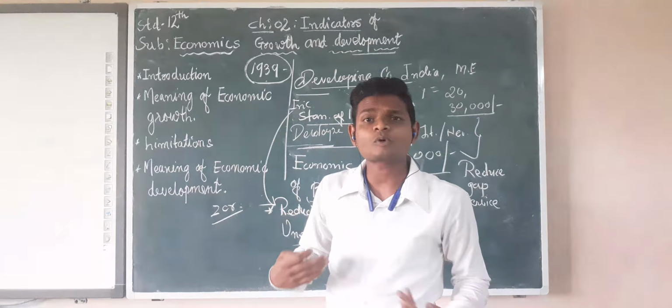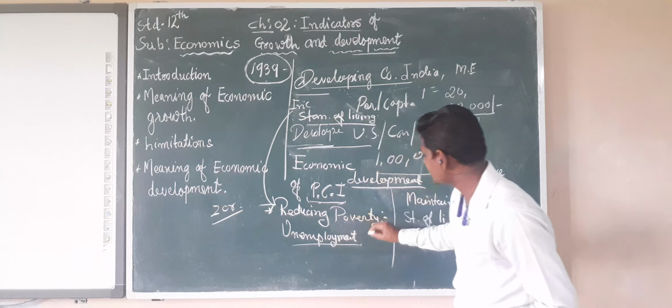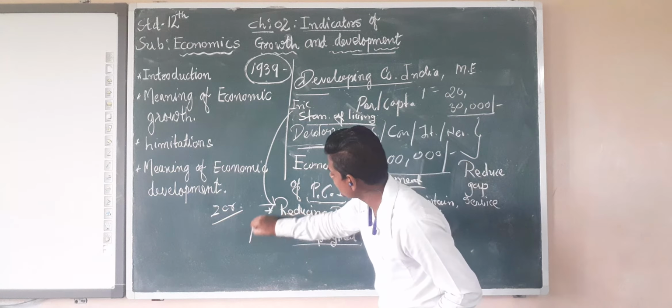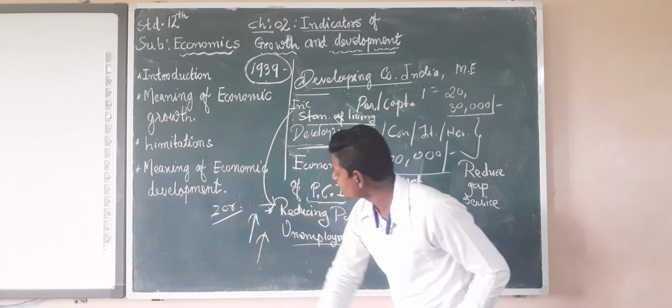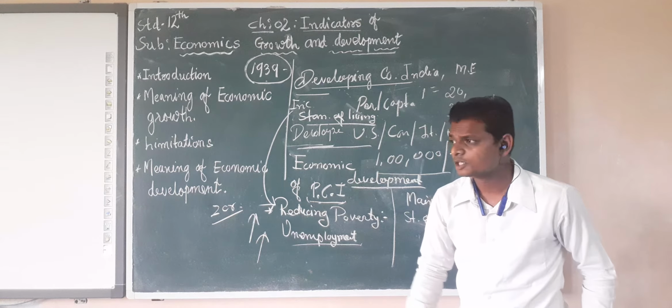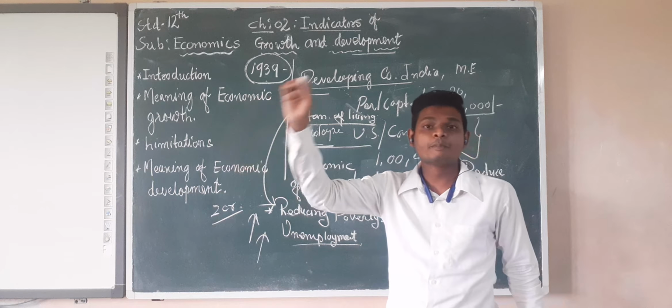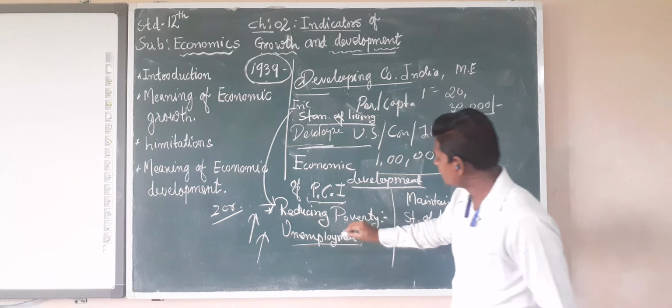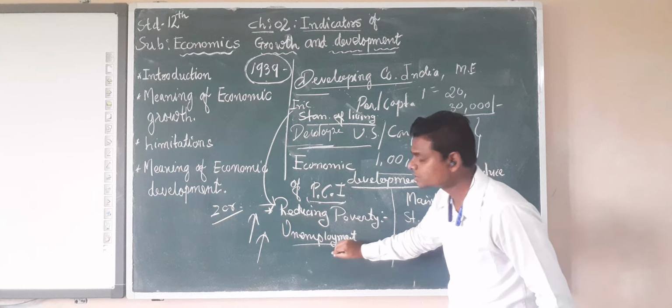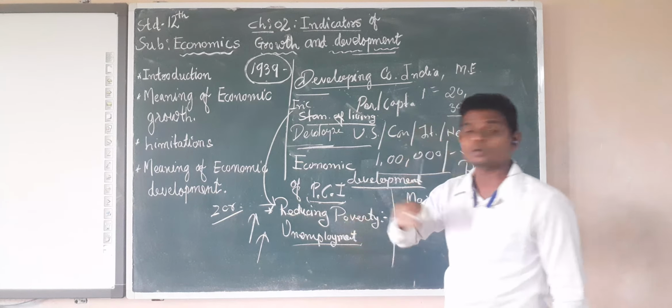If they are not getting proper jobs, poverty will increase and the unemployment ratio will increase. So the main focus of the developing country is to reduce poverty and the unemployment ratio.